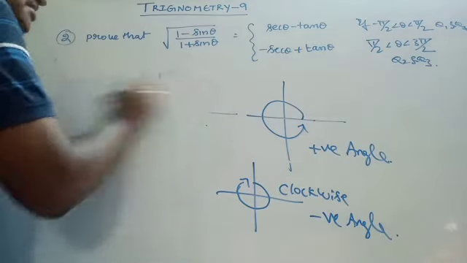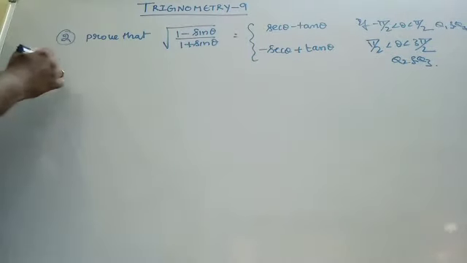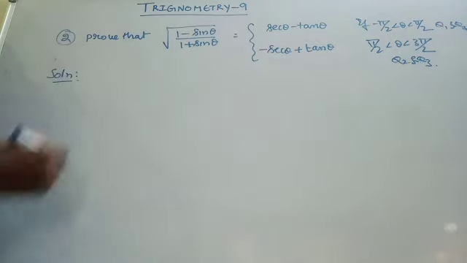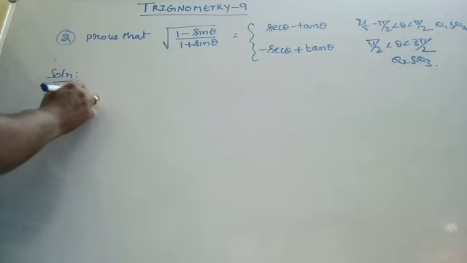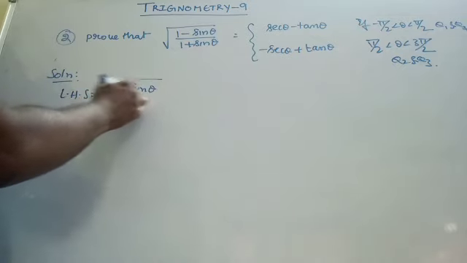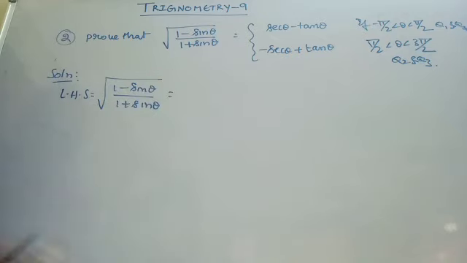Now based on this, we are going to do this particular problem. It's a very important thing. How we will proceed, you please observe. Take the left hand side as square root of (1 minus sin theta) by (1 plus sin theta).